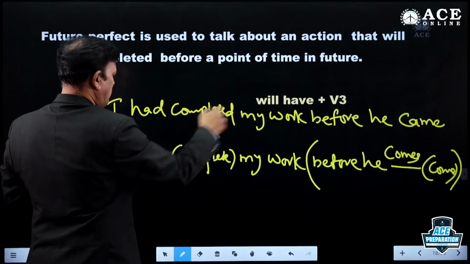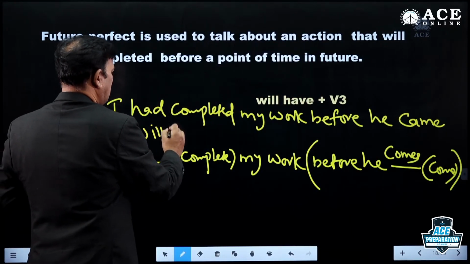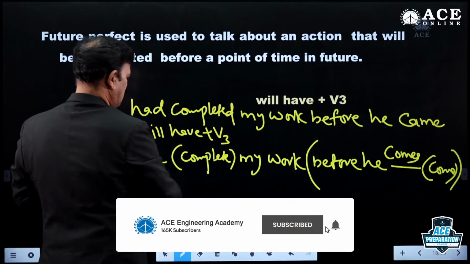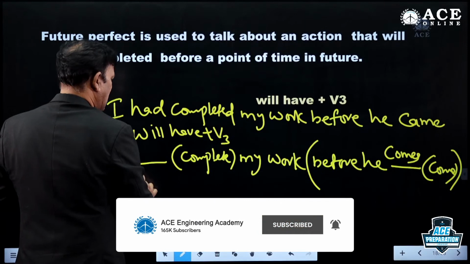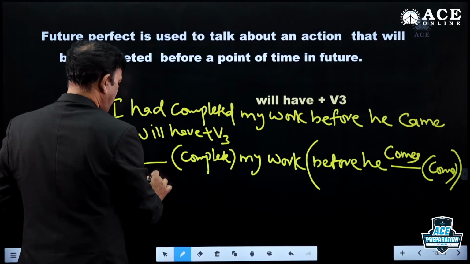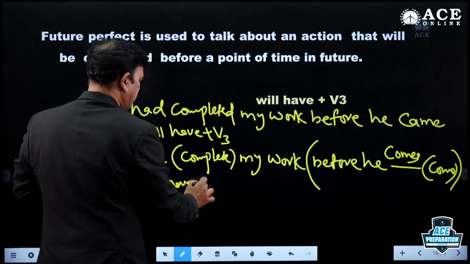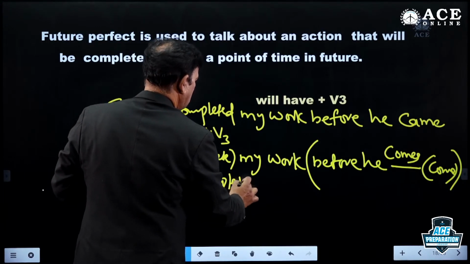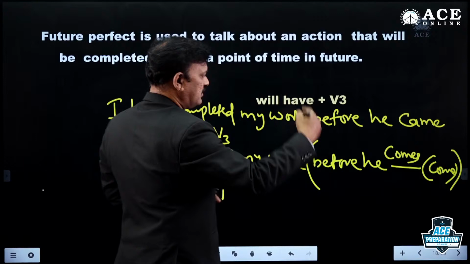And this should be will have plus V3. It becomes "I will have completed my work before he comes."